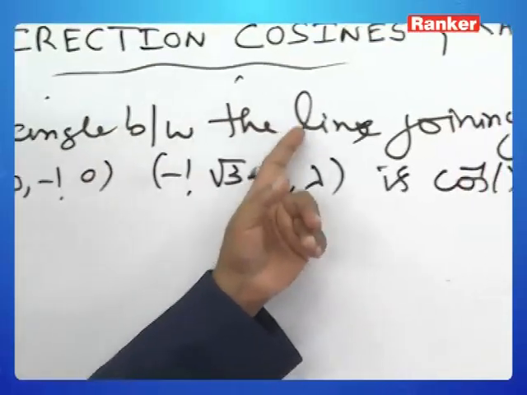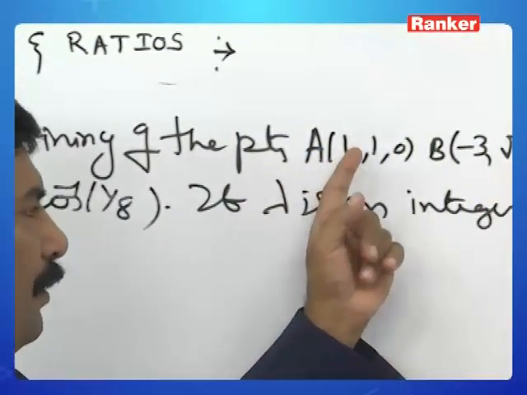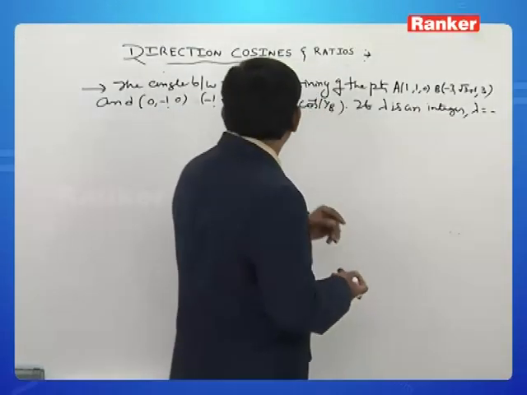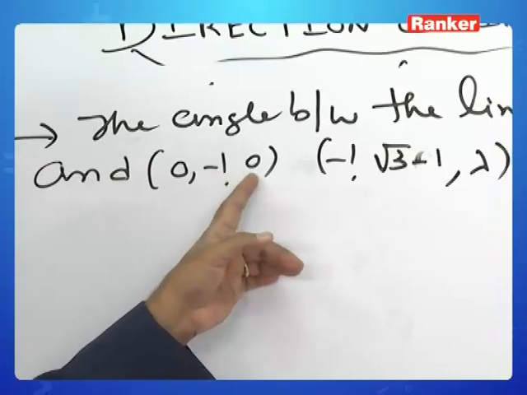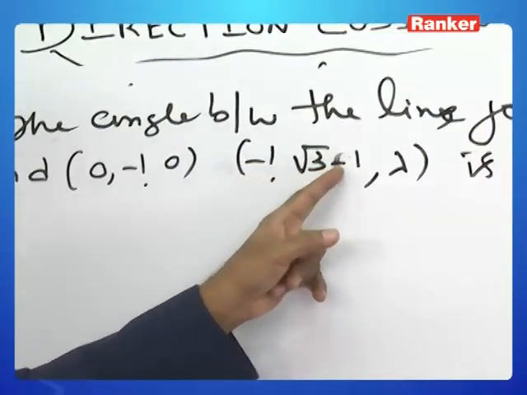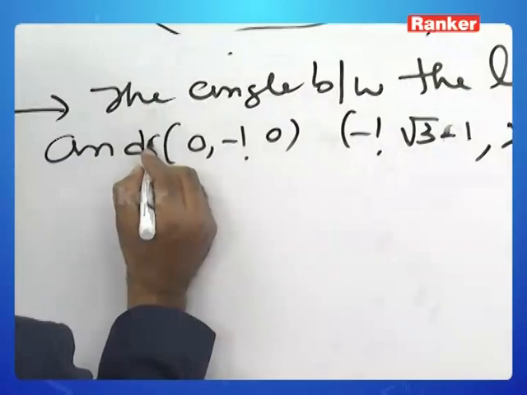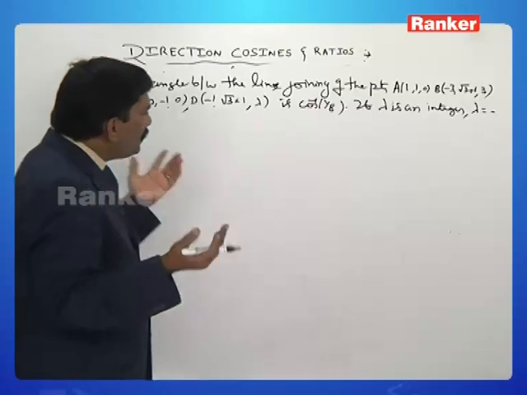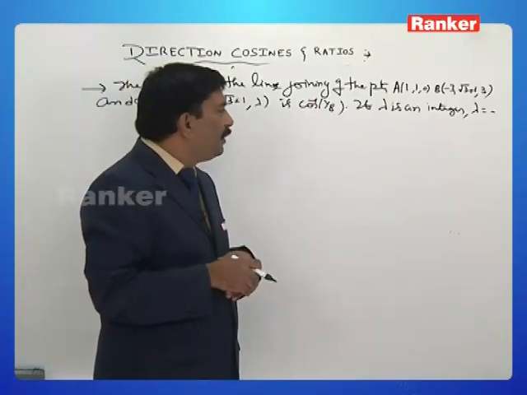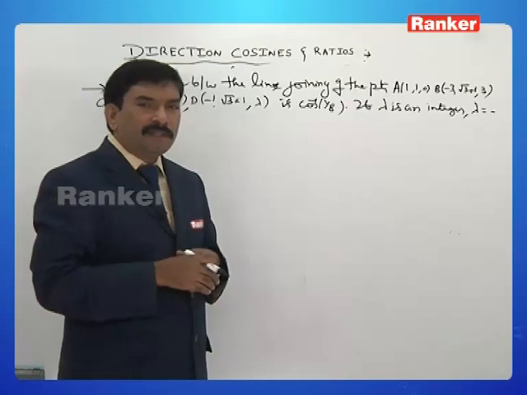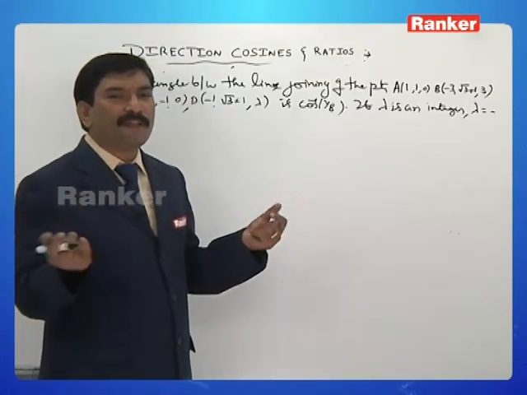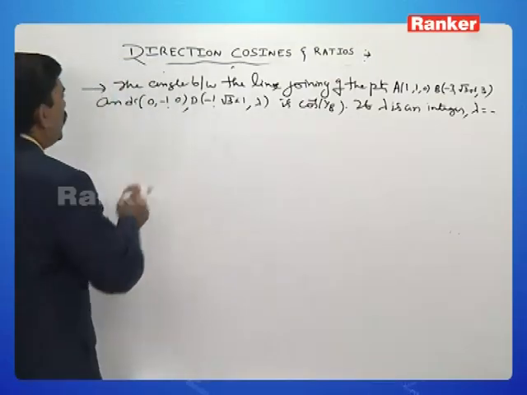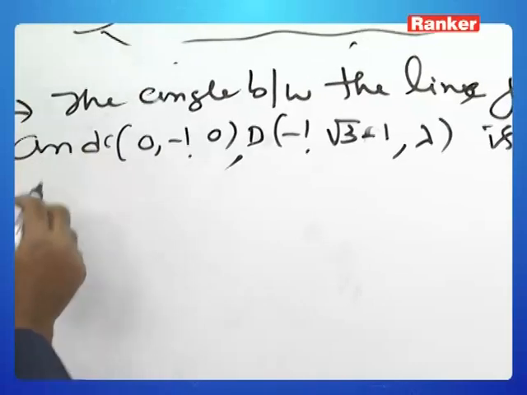If the angle between the line joining the points A(1, 1, 0), B(-3, root 3 + 1, 3) and C(0, -1, 0), D(-1, root 3 - 1, lambda) is cos inverse of 1 by 8, if lambda is an integer, then the integral value of lambda is dash. That goes without saying. So now angle between AB and CD is cos inverse of 1 by 2.